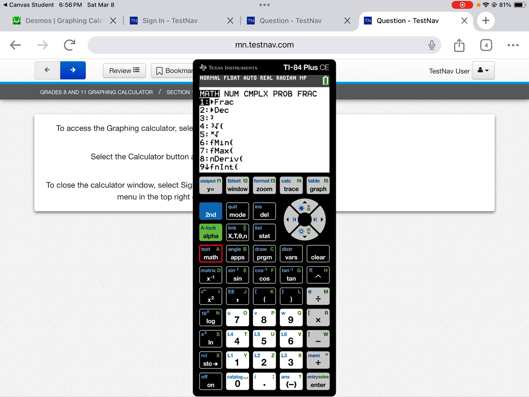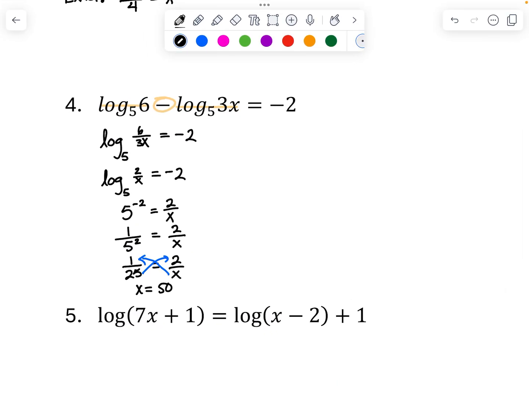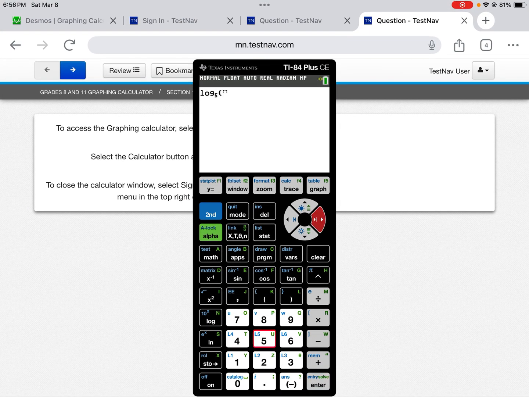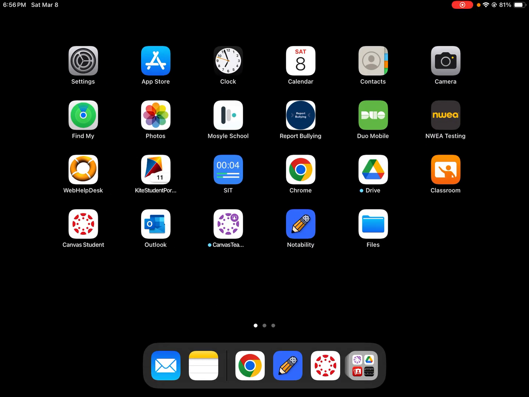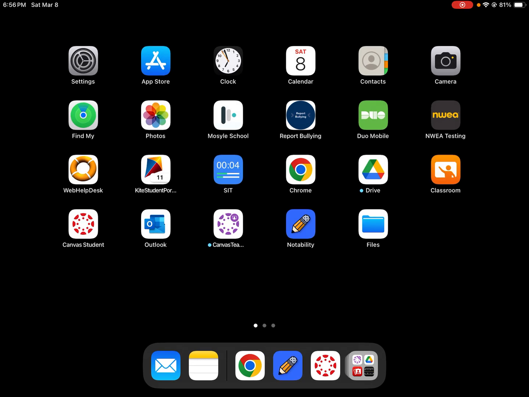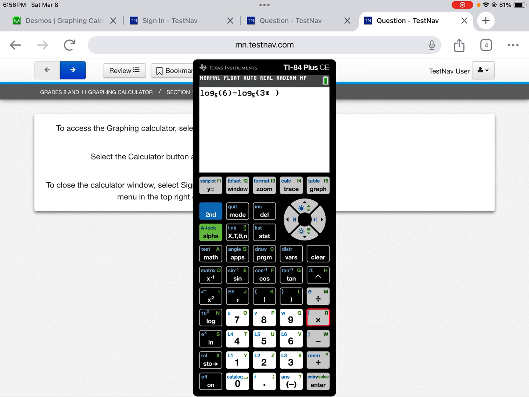So that was log base 5 of 6 minus log base 5 of, what was it? 3 times 50.